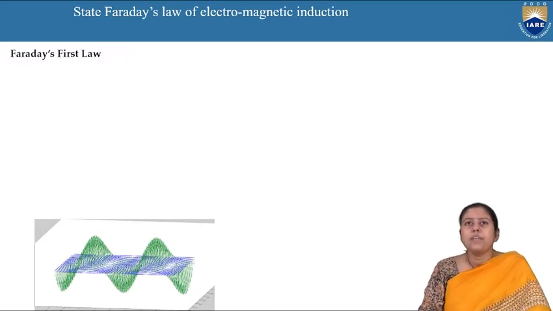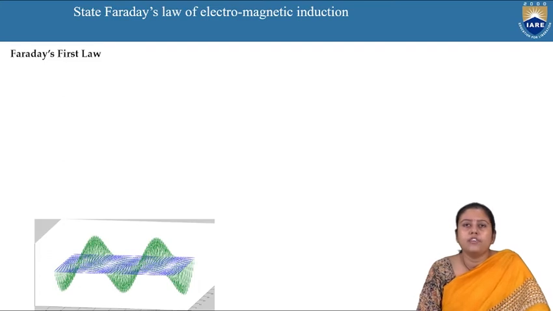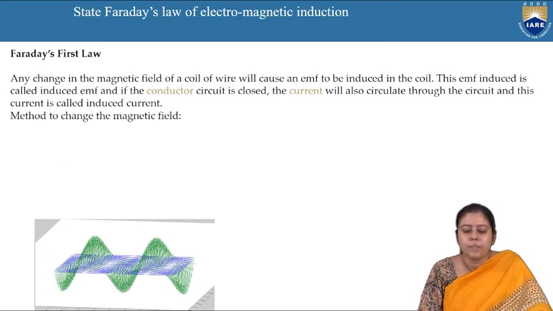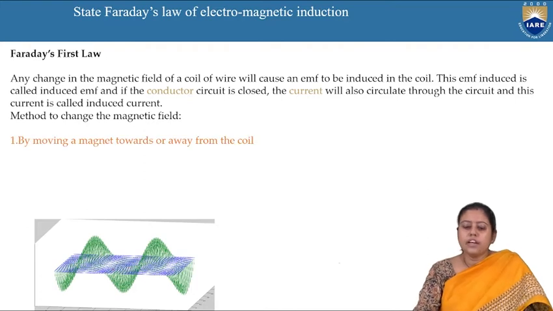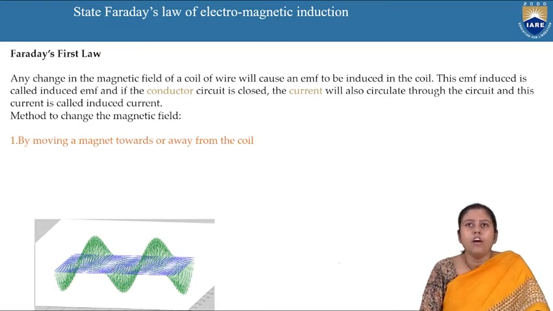So what is Faraday's first law? About this electromagnetic field, Michael Faraday has given his first law. His law is: any change in the magnetic field of a coil of wire will cause an EMF to be induced in the coil.